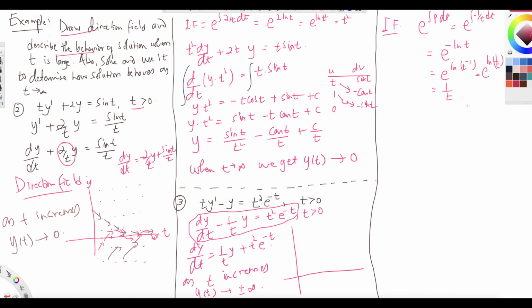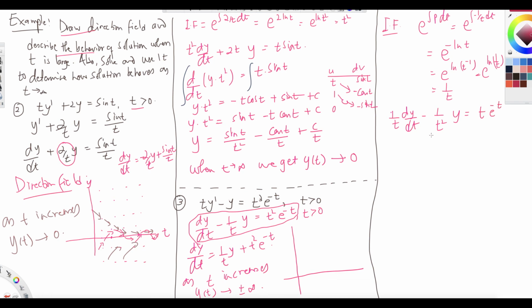Now we need to multiply all the terms of the equation by this 1 over t. So what do you get here? You get 1 over t dy over dt minus 1 over t square y, because if you multiply by 1 over t you get negative 1 over t square y, equals, if you do 1 over t here, t e to the negative t.